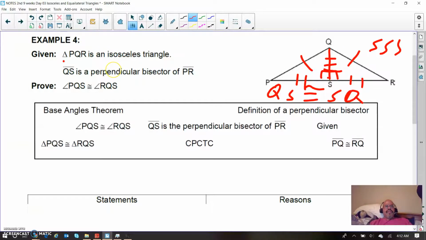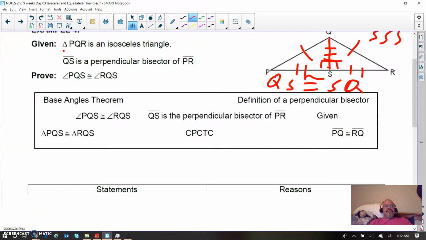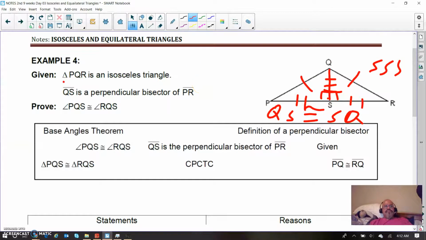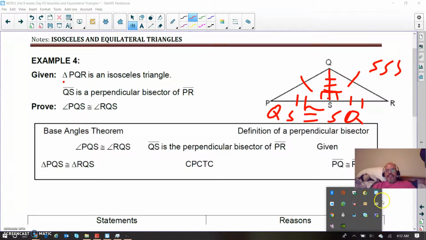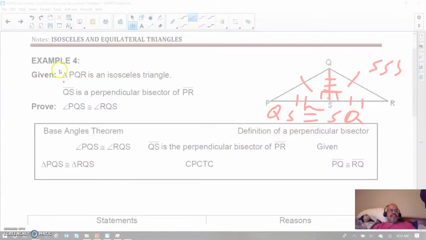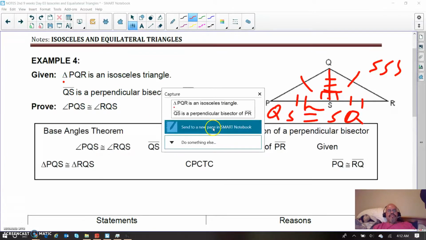So I'm just going to write all that stuff down. First off, we go ahead and go with our givens. Since I have a computer, I can use screen capture. I can use a capture tool. Let's use the screen capture toolbar. I'm going to capture this part because, come on, why should I work even harder?